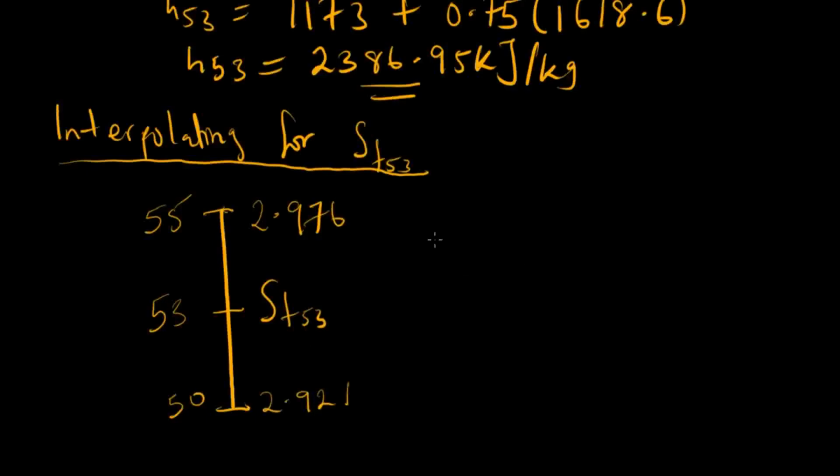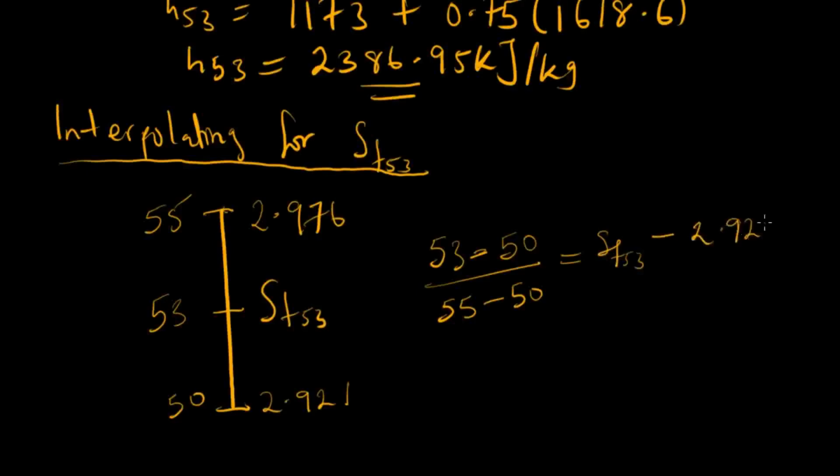So how do we go about this? It remains 53 minus 50 over 55 minus 50, which will give us sf53 minus 2.921 all over 2.976 minus 2.921.